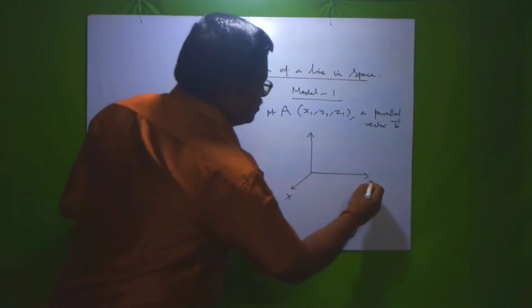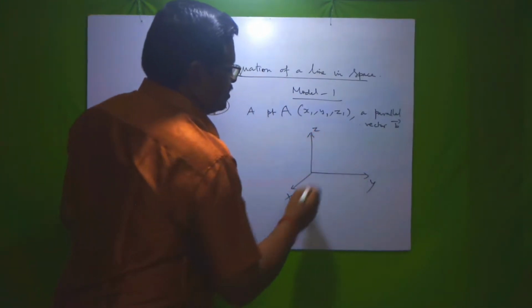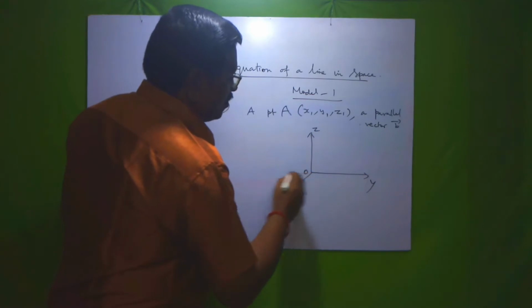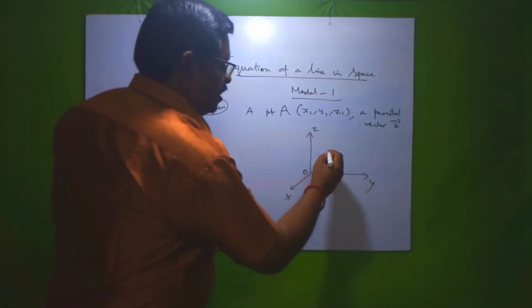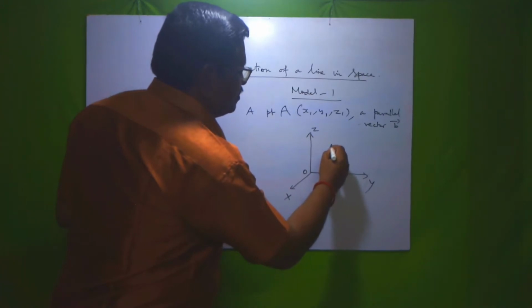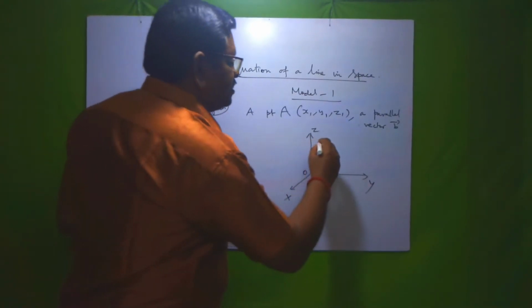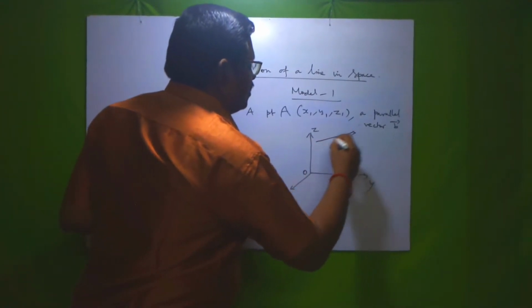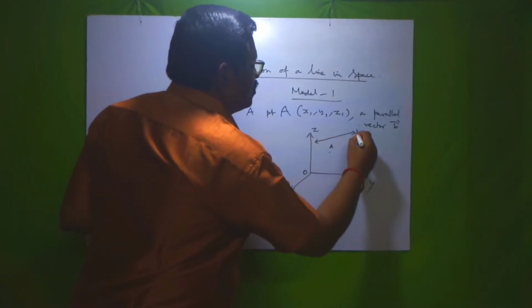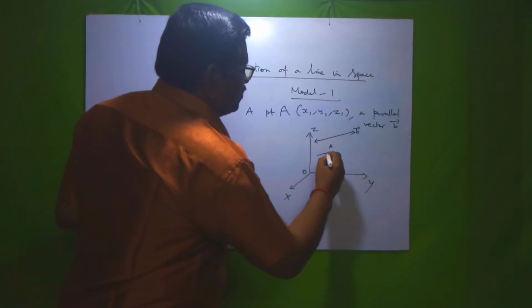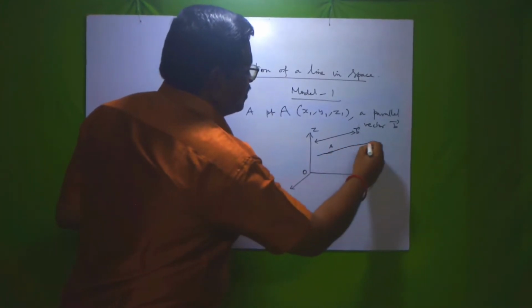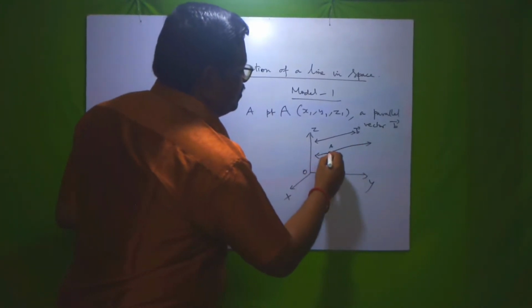Say this is x-axis, y-axis, z-axis, and this is the origin where the three axes meet. Let us take the point given, that is A, and here is a vector B parallel to the required line which is passing through the point A. So we are just drawing a parallel line here.